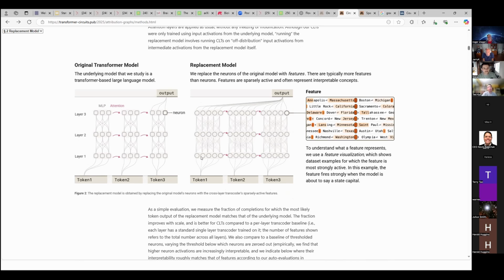The hope is that every one of these circles, which represents the activations in the middle of the autoencoder, or said another way, a column from the output of the encoder layer, is now a monosemantic concept.